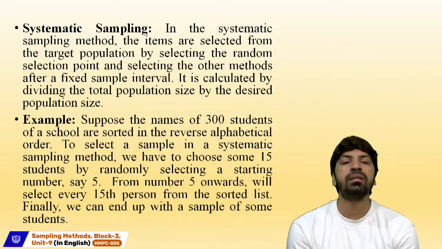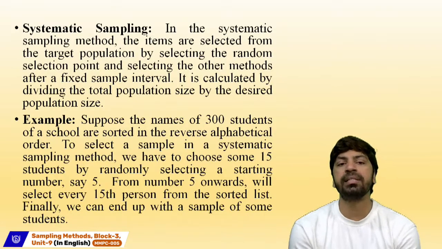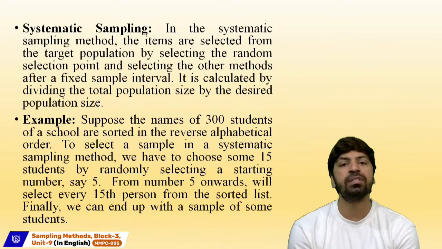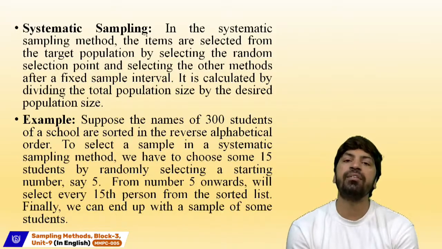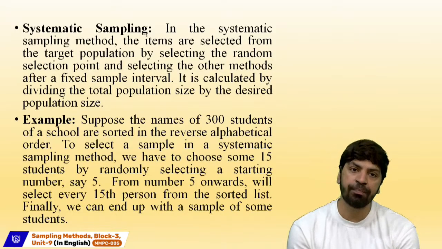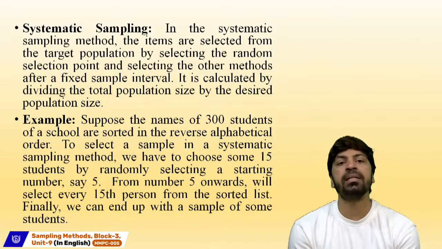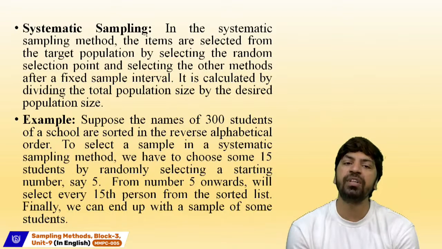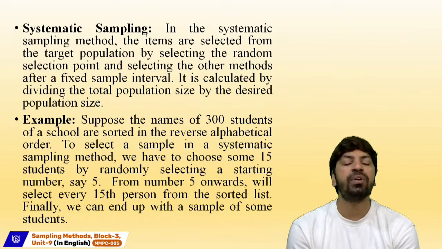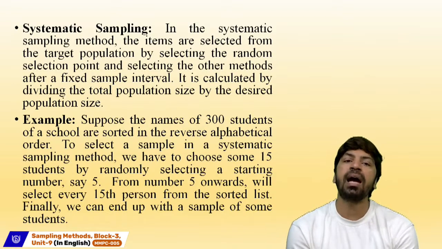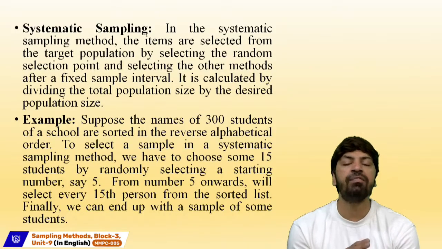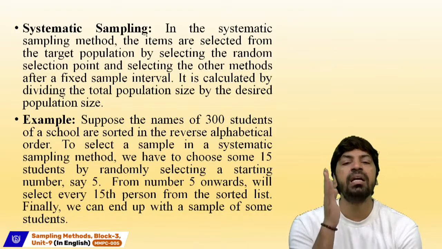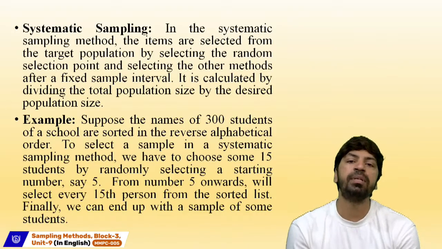Let's understand this concept. Suppose the names of 300 students of a school are sorted in reverse alphabetical order. To select a sample in the systematic sampling method, we have to choose some 15 students by randomly selecting a starting number, say 5, and from number 5 onwards, we select every 15th from the sorted list.